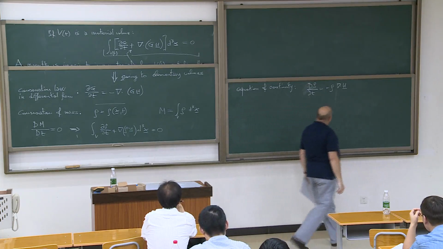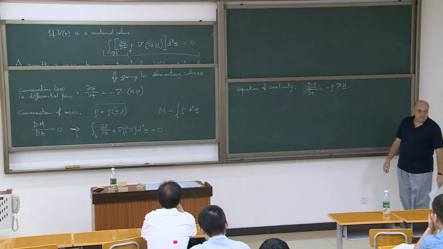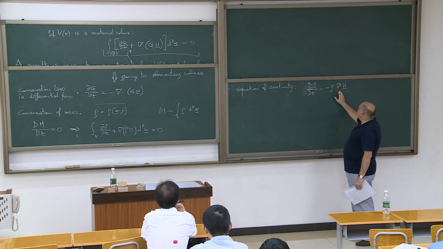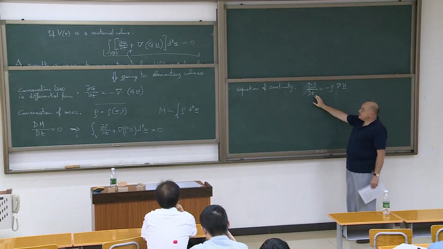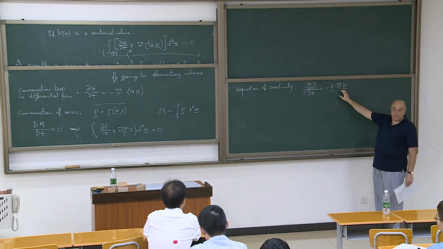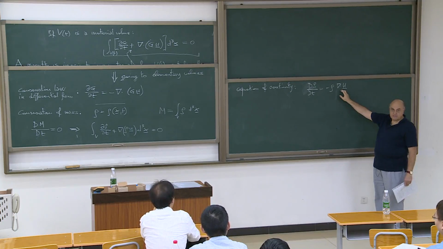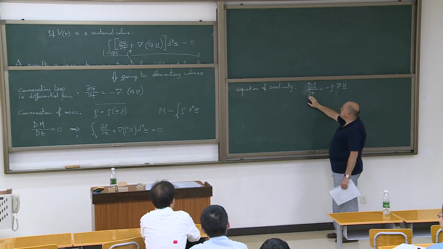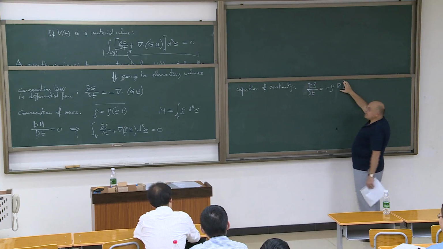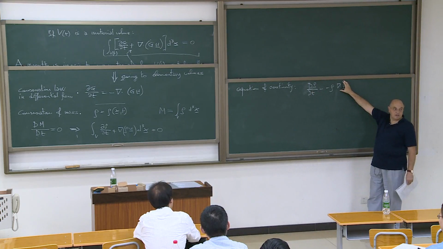Now, this equation is important also from a mathematical viewpoint for many reasons, but one simple reason is that you relate the variation of rho with the divergence of u. So if you assume that d rho dt is exactly 0, then it means that div u is 0, because rho is different from 0.